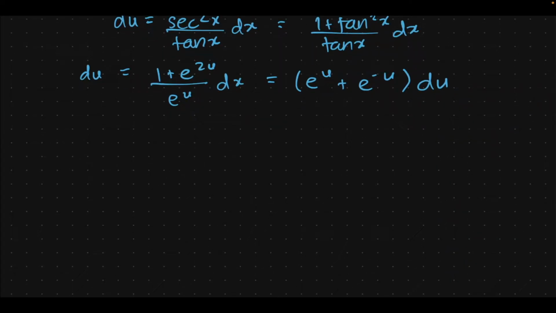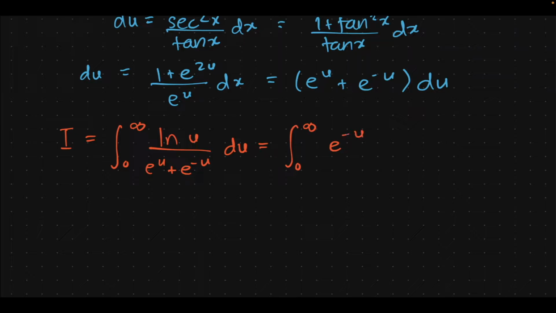That changes our integral from 0 to infinity. You can evaluate that easily from the substitution. Natural log u over e to the u plus e to the minus u du. This becomes e to the minus u natural log u over 1 plus e to the minus 2u du.